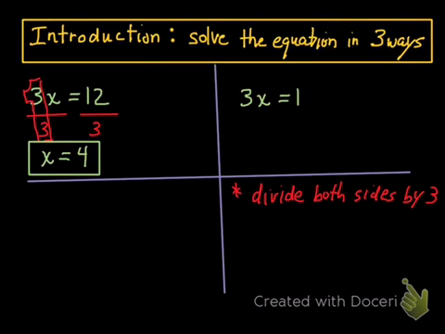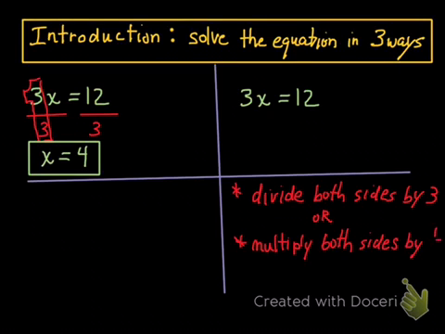What if I gave you the exact same problem again and said, give me another method to solve this? Some of you might suggest, how about instead of dividing both sides by 3, we multiply both sides by 1/3? This is going to work also. Multiply the left by 1/3, multiply the right by 1/3.